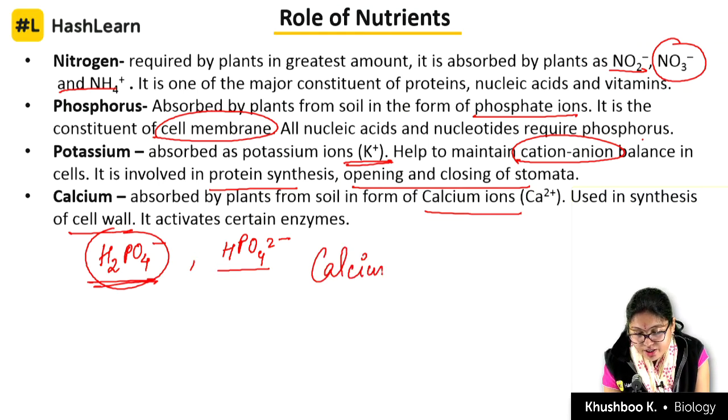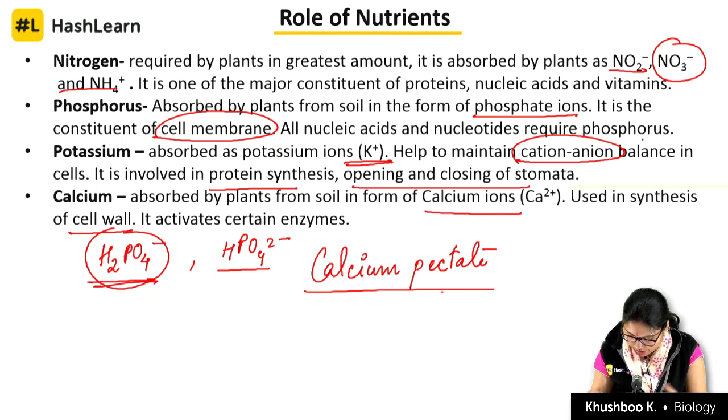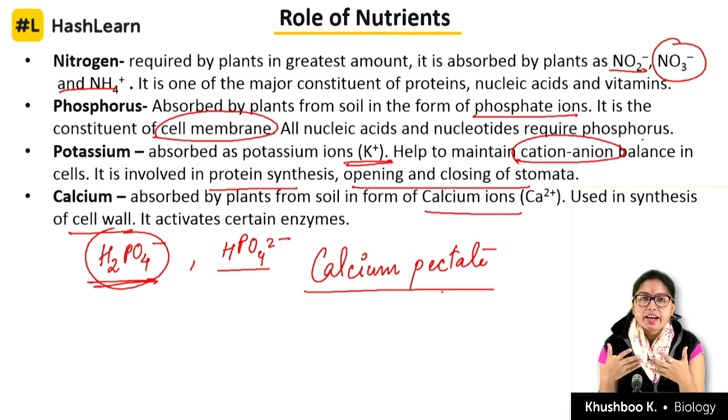Okay, so calcium pectate and magnesium pectates are actually the components of middle lamella of cell wall. ठीक है, cell wall में कहाँ पर, तो middle lamella में calcium pectate is used and it activates certain enzymes, so it plays a role in regulating the biochemical reactions in case of plants. Okay, like for example it acts as activator of several enzymes like ATPase. Okay, उसका activator के जैसे calcium works.